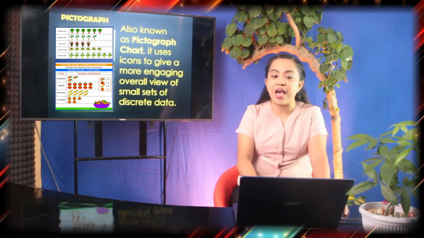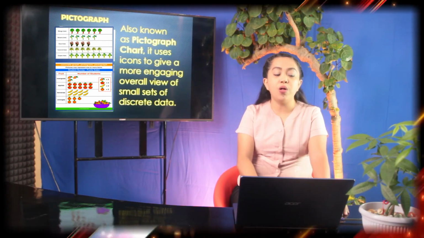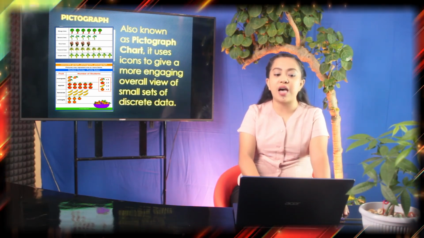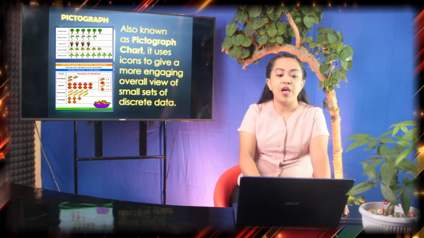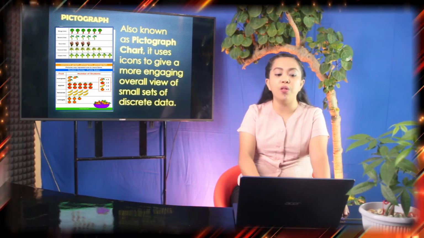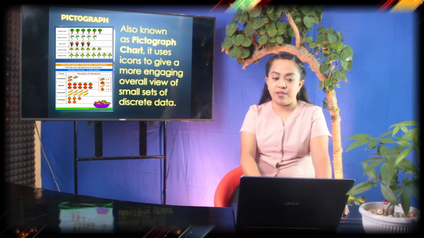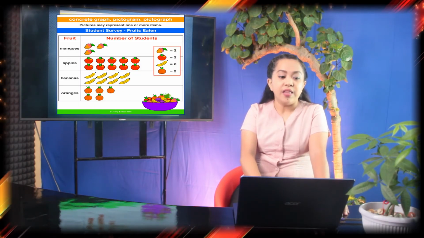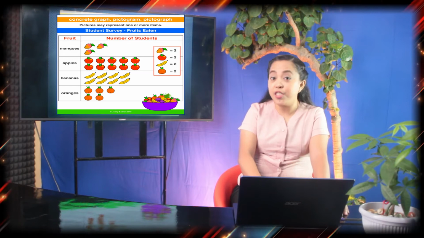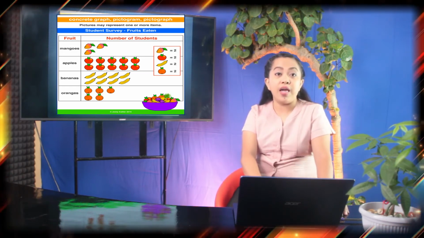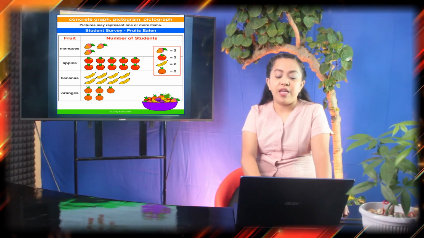Next, we have pictograph, also known as pictograph chart. It uses icons to give a more engaging overall view of small sets of discrete data. Okay, this picture is an example of a pictograph.